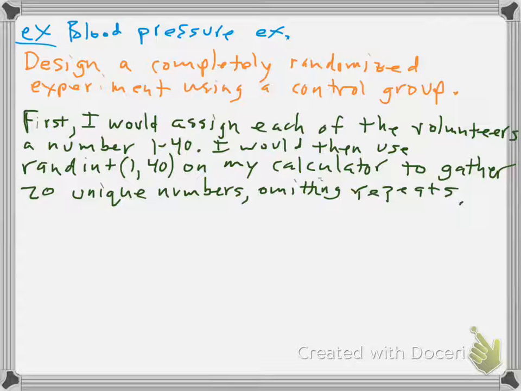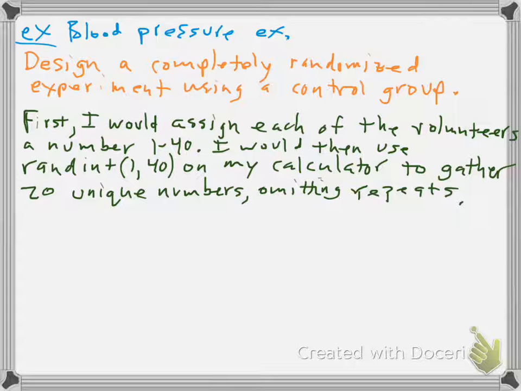So you might want to discuss how you're going to randomly place them into groups. First, I would assign each of the 40 volunteers a number 1 through 40. I'd use randint on my calculator, 1 through 40, to get 20 unique numbers, skipping repeats.